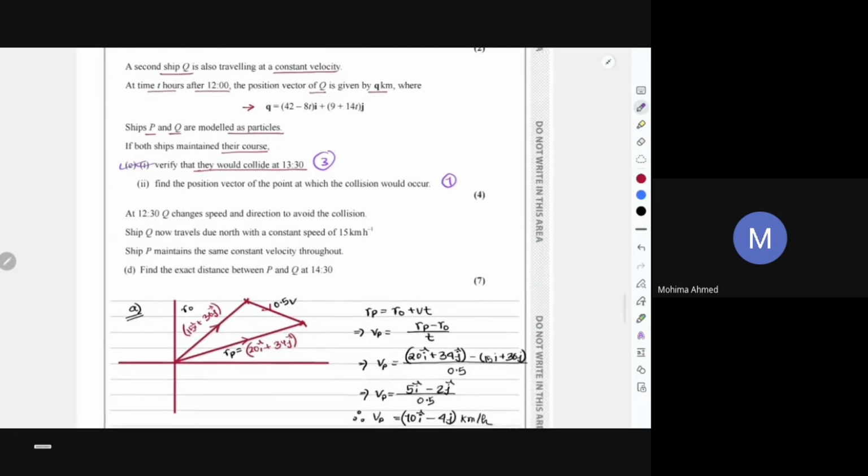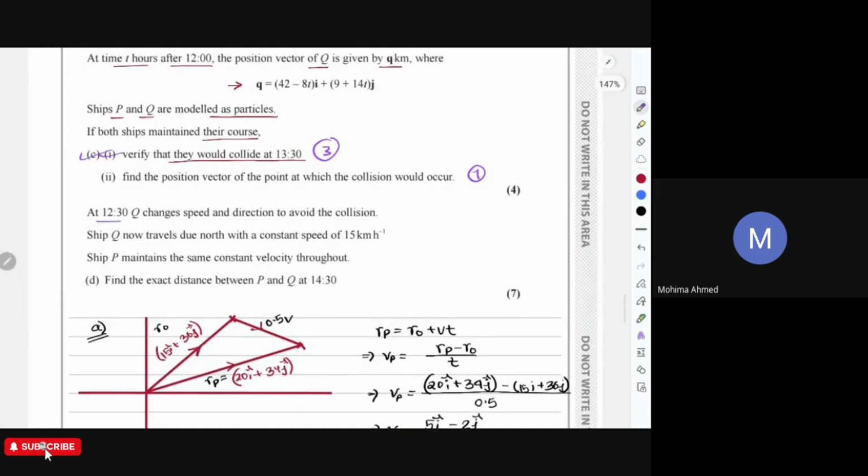Okay. Then again, after this, it says that at 12:30, Q changes speed and direction to avoid the collision, right? They have calculated this previously before the start. So now they know that by 12:30, if they continued at that speed and direction, they were supposed to collide with each other. So in order to avoid collision, Q will change its velocity and direction also.